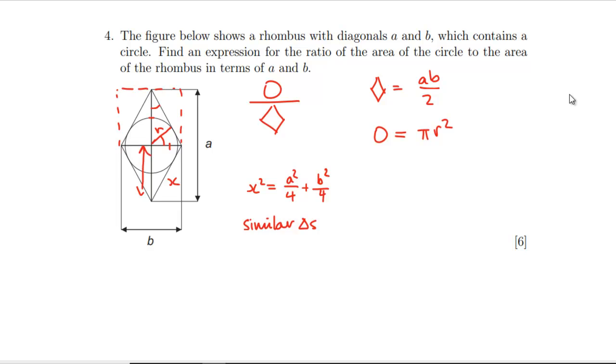So if we did A over 2 divided by X, because that's dealing with, well, let's say this angle, isn't it? So we're talking about opposite over hypotenuse. So A over 2 divided by X, that's going to be equal to, which is the same as that angle, R divided by half of B. R divided by B over 2, so 2R over B.